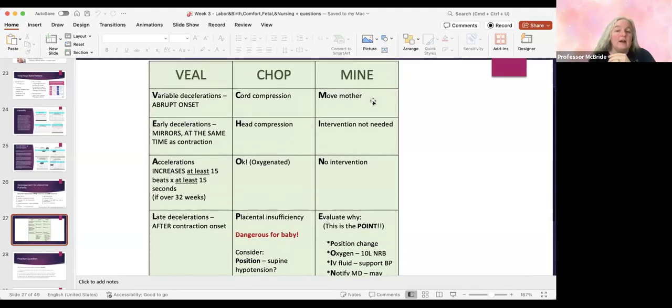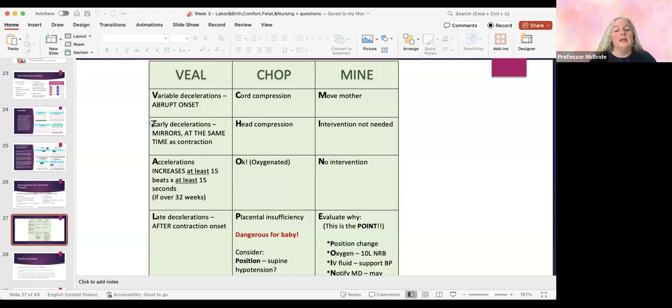Then if you have the word MINE next to it also, you can follow it straight across and say if you have variable decelerations, it's caused by cord compression. M stands for move the mom. Moving the mom, if I have cord compression, will hopefully help take pressure off the cord. Again, I don't know what's putting pressure on the cord, but shifting mom will shift the baby.